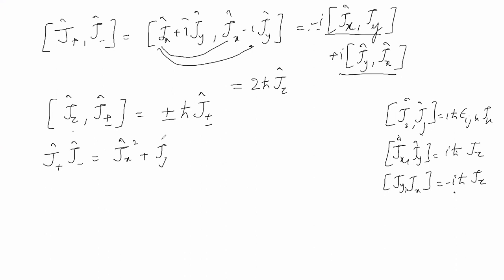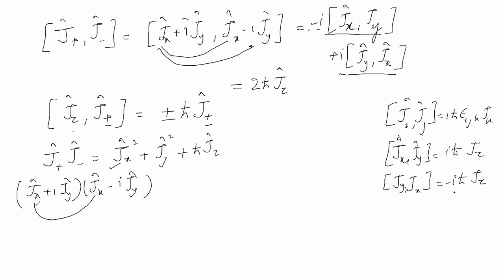Also, we can write J plus J minus as Jx square plus Jy square plus ħ Jz, because this is Jx plus iJy and this is Jx minus iJy. Therefore, this is Jx square, then minus iJxJy plus iJyJx, and then plus Jy square.